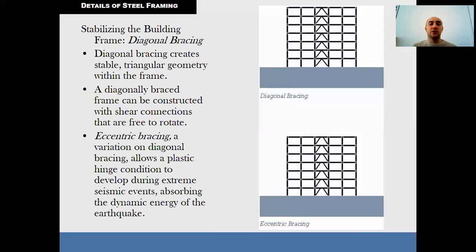And the horizontal bracing, the bracing at each floor in horizontal planes, provides a load path for the transfer of horizontal forces to the planes of vertical bracing.